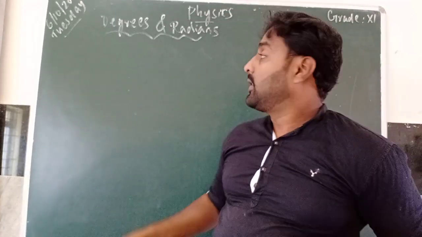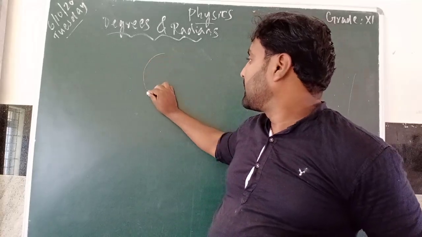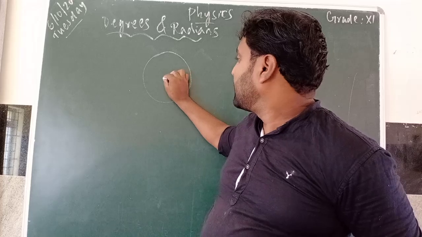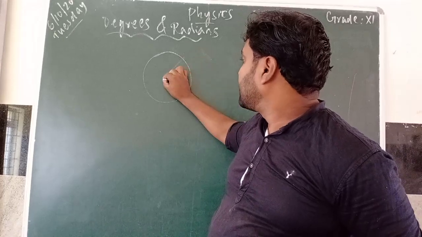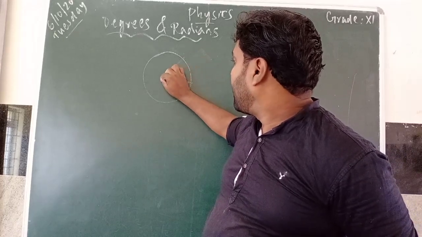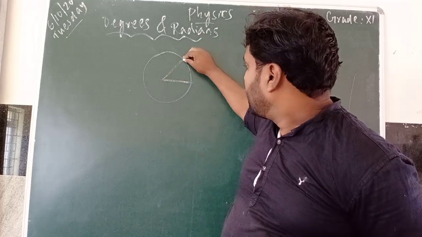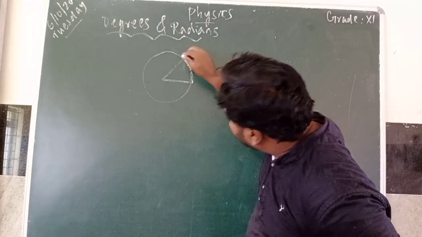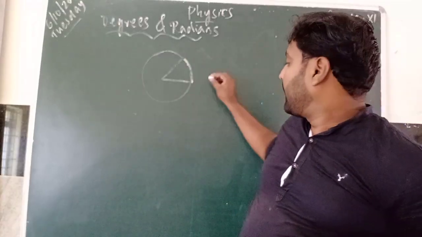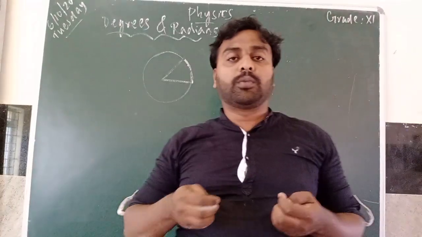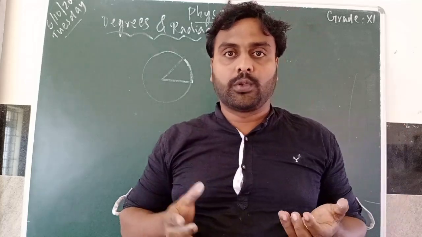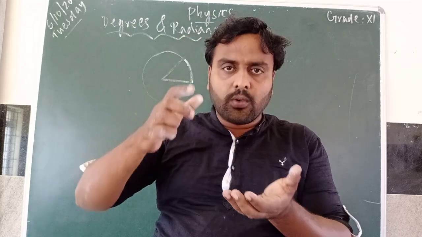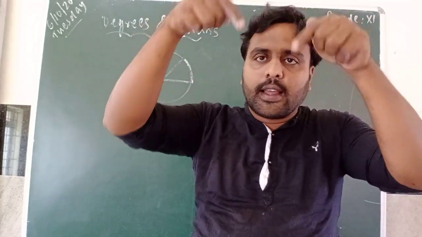Assume that there is a circle. From the center of the circle, there is an angle. This is what we call an arc. And assume that you have a watermelon. In that watermelon, you are cutting a slice.